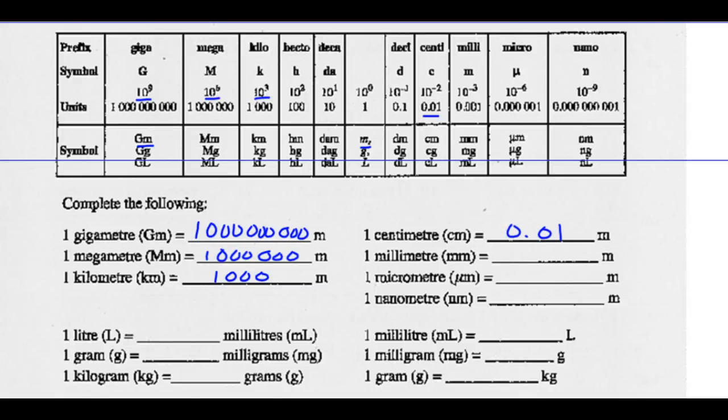A millimeter is 10 to the negative 3, or 0.001 meters. Micrometer, 10 to the negative 6, or 0.000001. And a nanometer is 10 to the negative 9, written like that, meters.